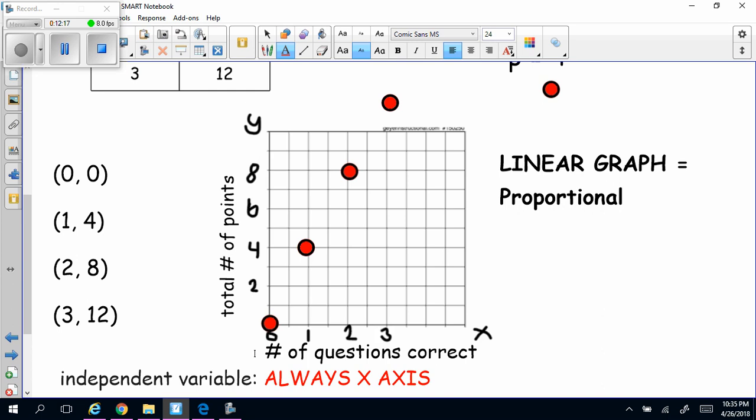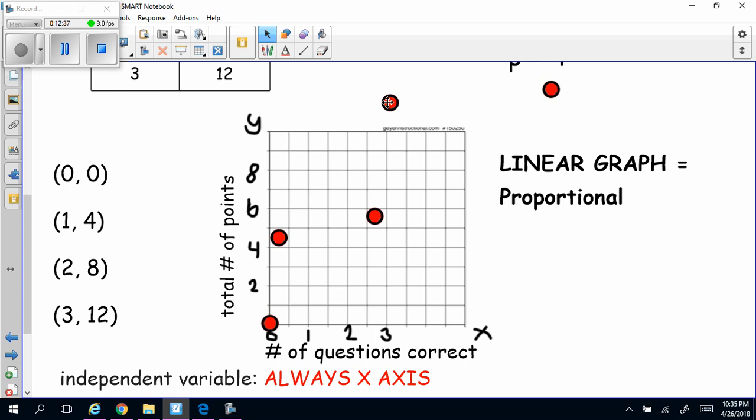Now, when we have a linear graph, it tells us it's proportional. What that means is that our x and our y match up. They make sense. What wouldn't make sense, what wouldn't be a proportional graph, is if this right here was over here, and this is over here, and this is over here. Well, that's not accurate because it's all over the place, and that's not a linear graph. This does not accurately tell us if we have a good independent or dependent variable.